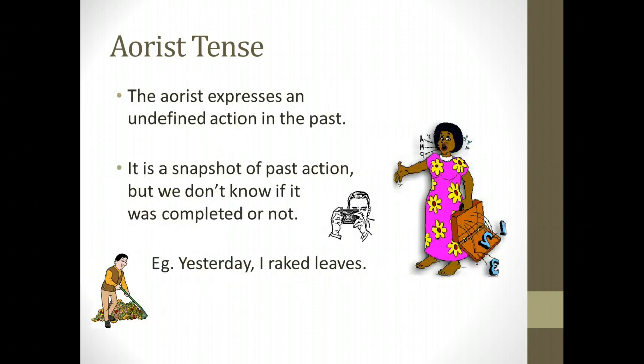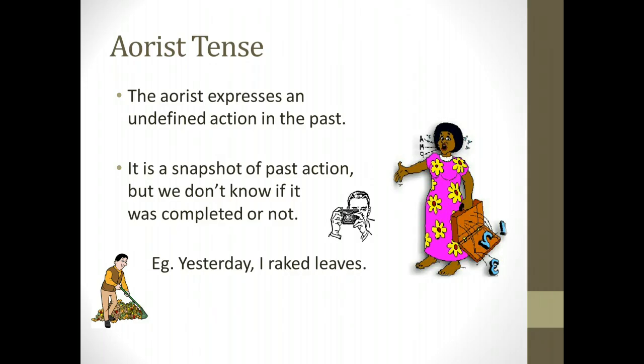With the aorist tense, it expresses an undefined action in the past. It's actually a snapshot of the past action. We don't know if this action was completed or if it was ongoing. For example, the sentence below says, "Yesterday I raked leaves."